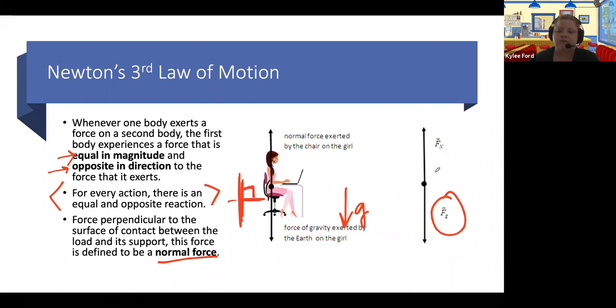So it's going to be completely opposite, but with the same magnitude. And that normal force is being exerted by the chair or that support onto our mass, which is the girl. Okay, so that is the basic idea.